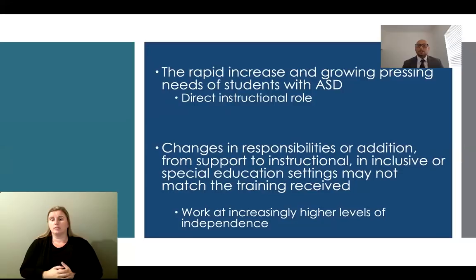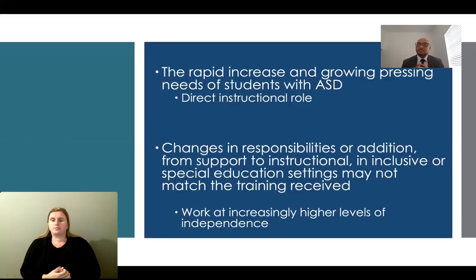Also, the growing needs in the population of students with autism has led the field to shift responsibilities slightly from support only to more instructional, not only in inclusive settings, but also in special education settings.